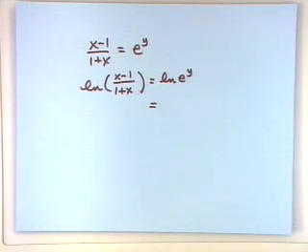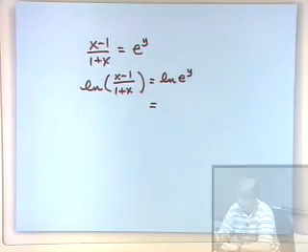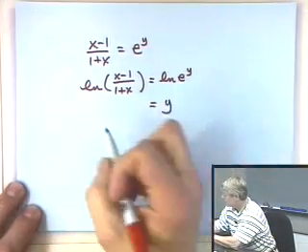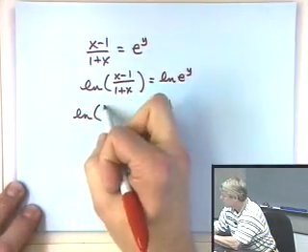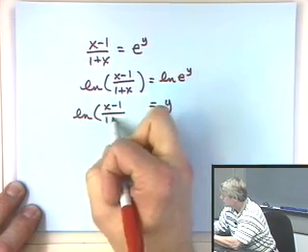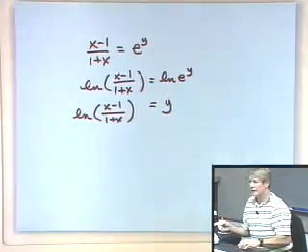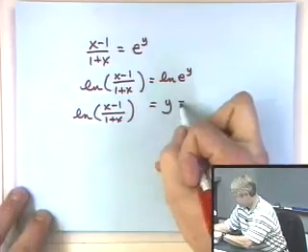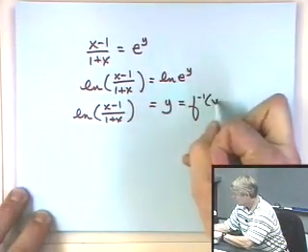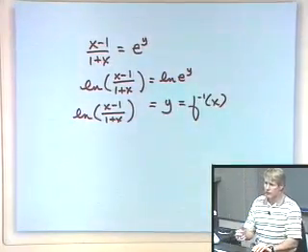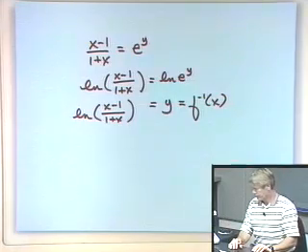What power do you raise e to get e to the y? It's y. So I think you could end with that. Call that, if the original function is f, then this would be f inverse.